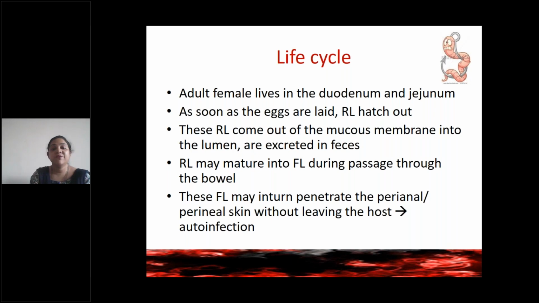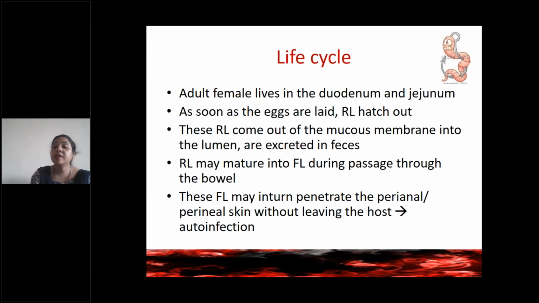Sometimes rhabditiform larva, while they are moving through the passage of the bowel itself, can mature into filariform larva. These filariform larvae may in turn penetrate the perianal and perineal skin without leaving the host, causing auto infection.